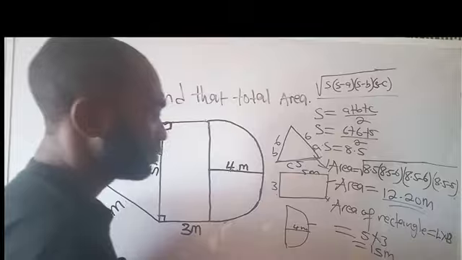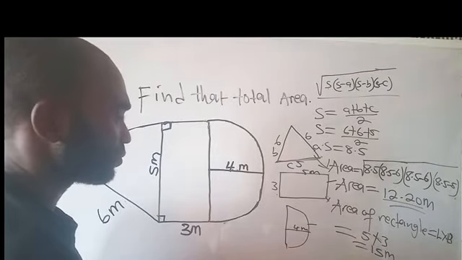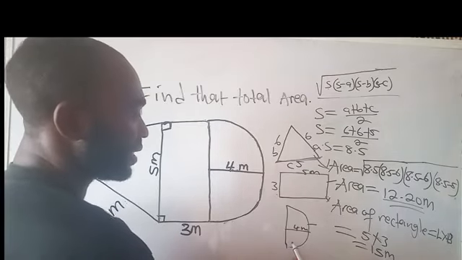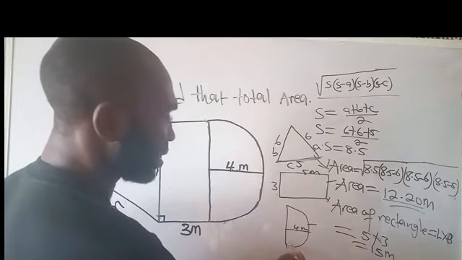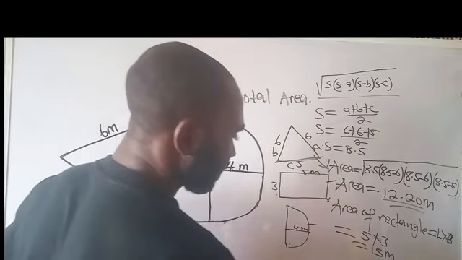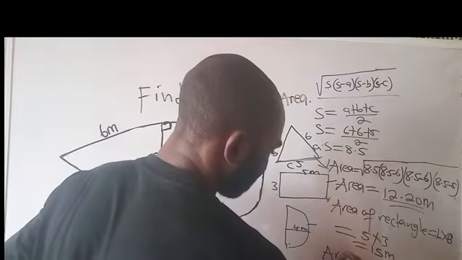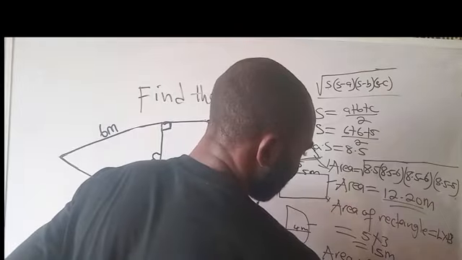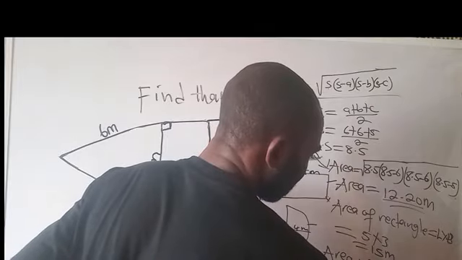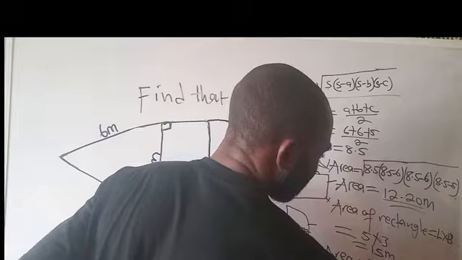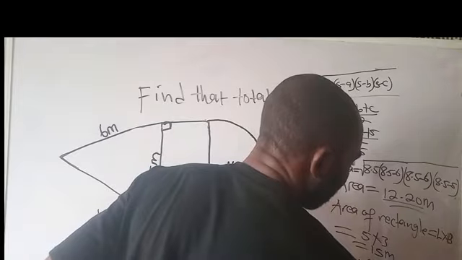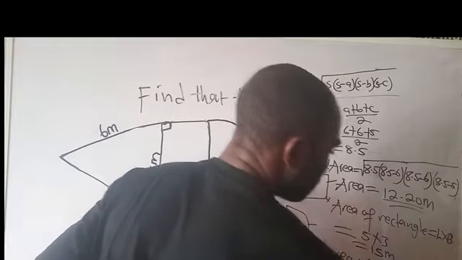Now we're not done. We're going to find the area of this semicircle here. The area of a semicircle is equal to pi r squared divided by 2.